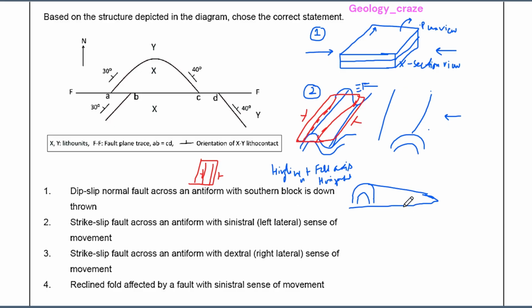Now in this case, if I erode or cut from here, we need to get a plane view for this also. But in this case we are not getting straight lines as we got before, because our beds are plunging here.